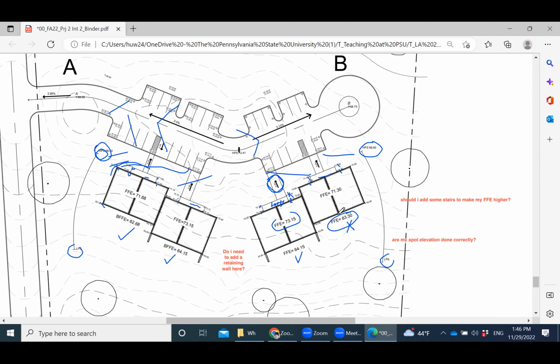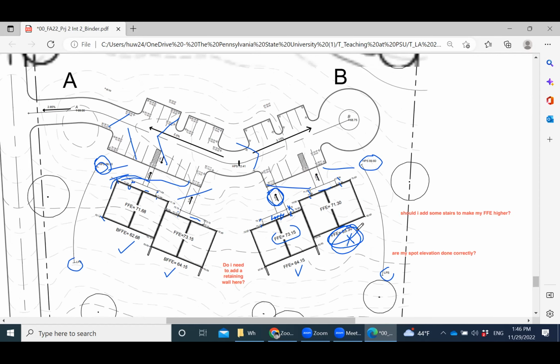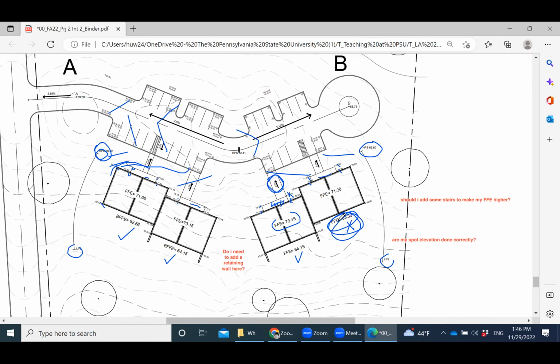How about the fourth one, the back FFE? Is it too low? This one is 62.30. You don't have to have a walkout, so that's okay. Do not write FFE outside of the house. You write it inside, so you don't interpret yourself.